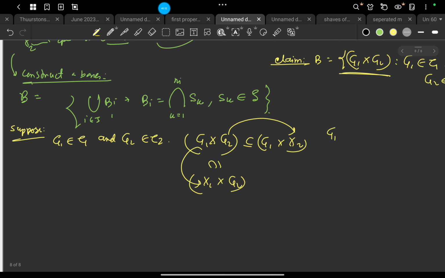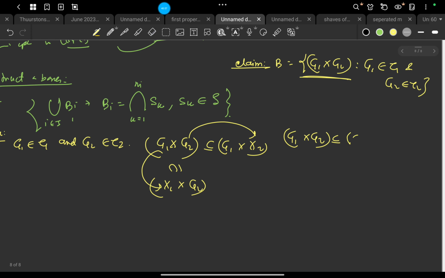That means G1 cross G2 is a subset of G1 cross X2 intersection with X1 cross G2.